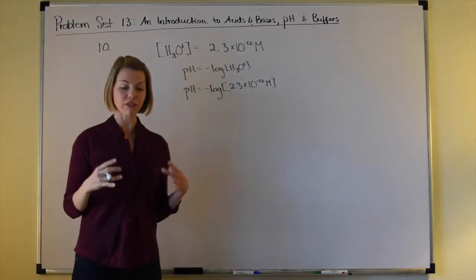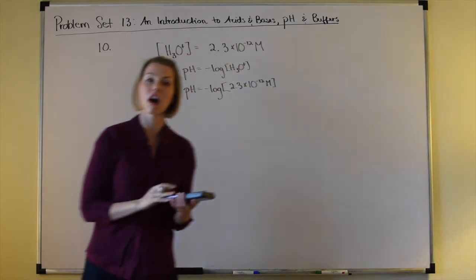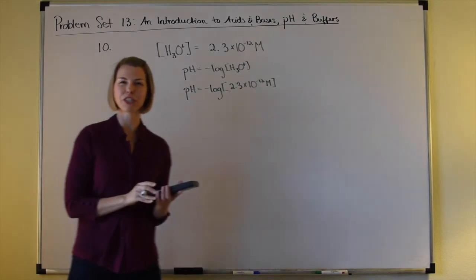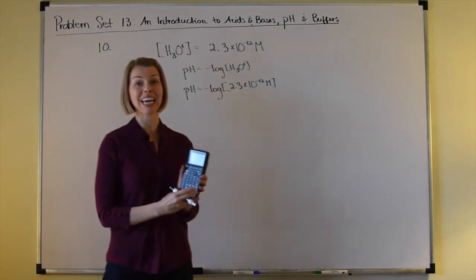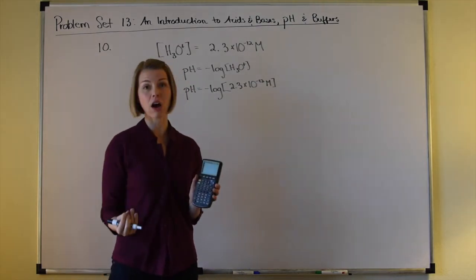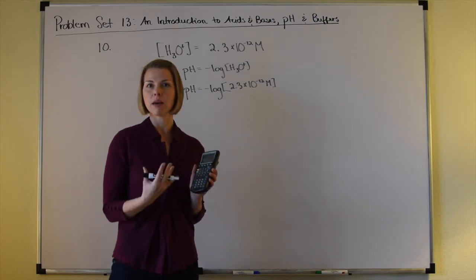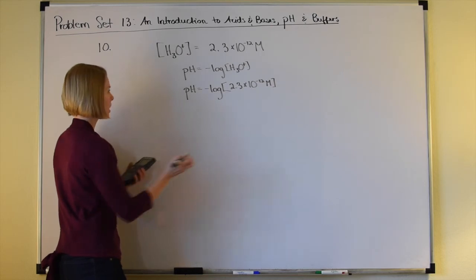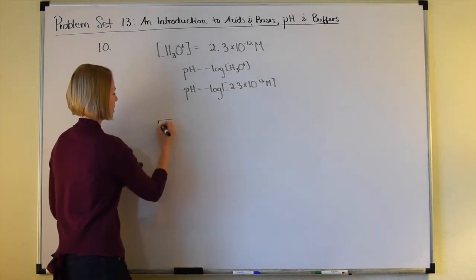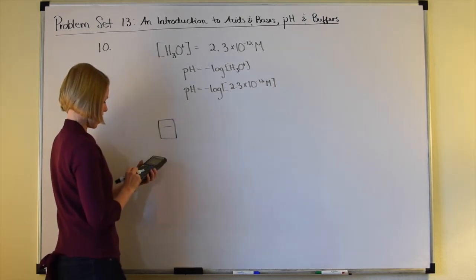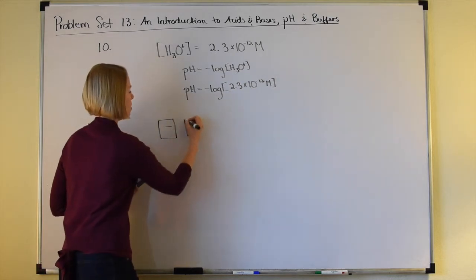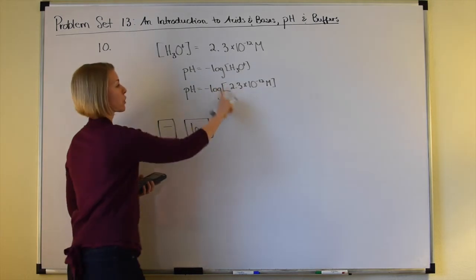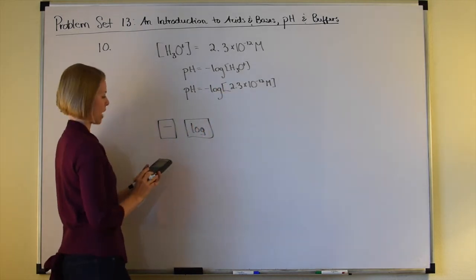Okay, so if you are not familiar with using logarithms on your calculator, I am going to show you the sequence of button pushing that I do here on my TI-83. And again, if you have a different calculator, the sequence may be different. Okay, so first thing you're going to do is press the negative and the log button. And that's going to give you your first bracket, so you don't have to put that bracket in.